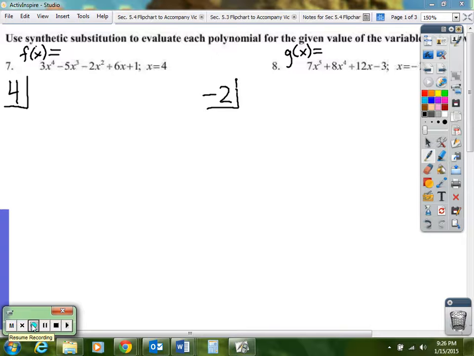So we put the value that we want to plug in the bracket on the left-hand side. We then list out our coefficients, making sure that we put in zeros for any terms that are not there. Remember, we must have one of each term. Since number 7 is a quartic, we must have a quartic, a cubic, a quadratic, a linear, and a constant term. Any that are missing will give us a 0 in its place.